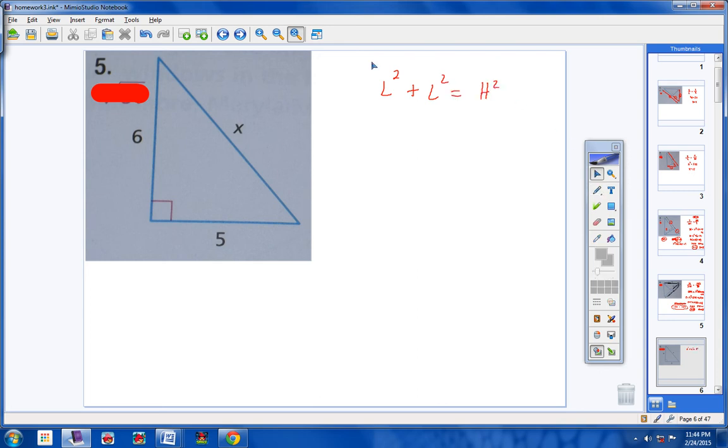So that's Pythagorean's theorem. One leg is 6, so 6 squared plus my other leg is 5 squared equals x squared.